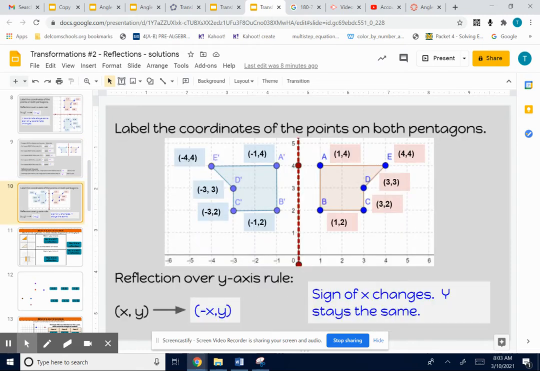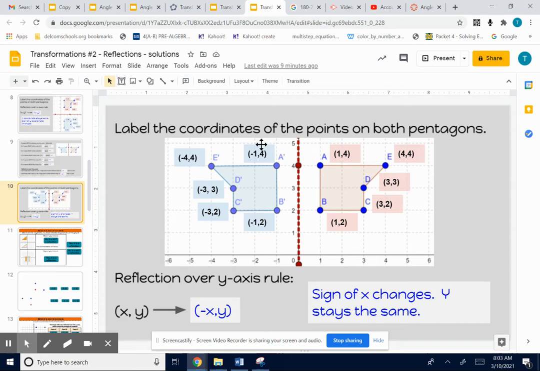Okay, the next slide. If we look at the coordinates of that same flip, if I label the coordinates of points A, B, C, D, and E, and A prime, B prime, C prime, D prime, and E prime, you're going to notice this time, if you look at A and A prime, A is (1, 4). A prime is (-1, 4).